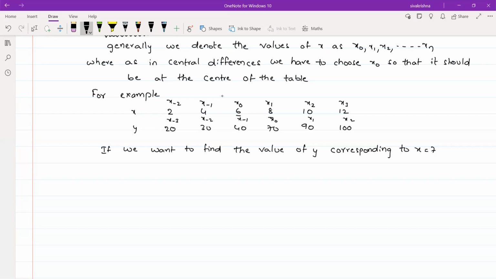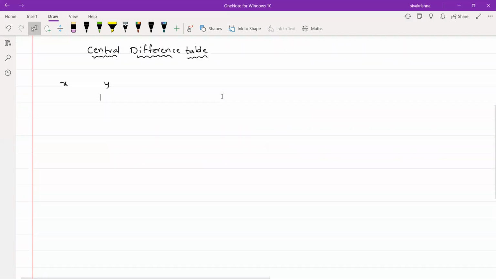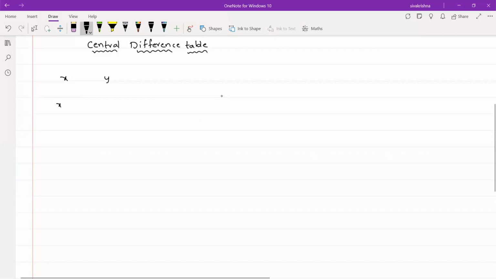With this, now I am going to define the central difference table. In the first column, usually we have the values of x, and in the second column we have the values of y. Here I am writing the values of x as x suffix minus 3, x suffix minus 2, x suffix minus 1, x naught, x1, x2, and x3.